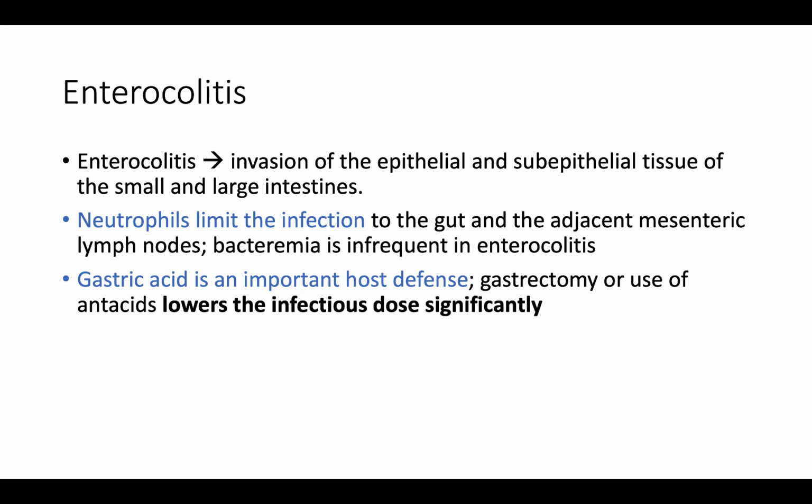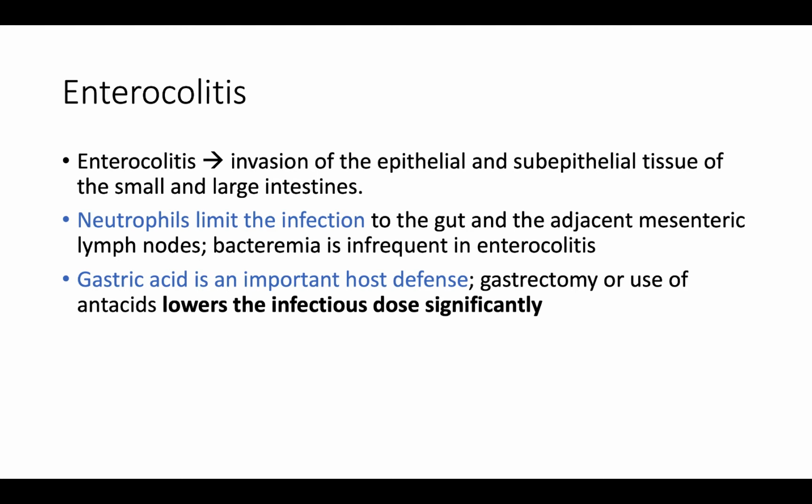We know we have the Th17 immune system, and this recruits neutrophils to limit the infection. This is your main mechanism of defense. So neutrophils will limit this infection to the gut and adjacent mesenteric lymph nodes, and bacteremia is not very frequent in this case. Gastric acid is an important host defense.